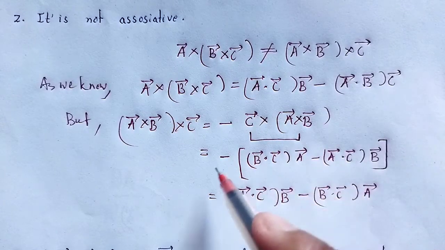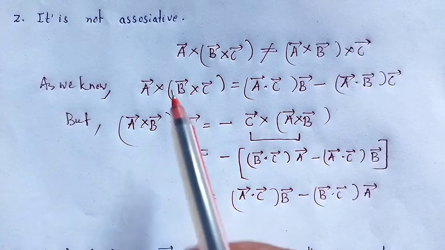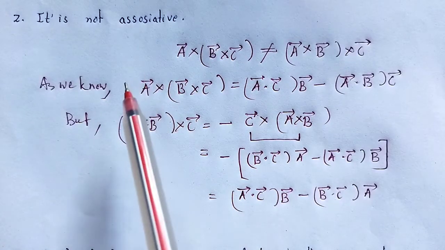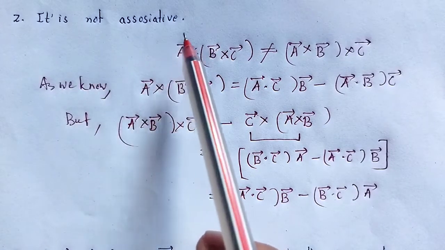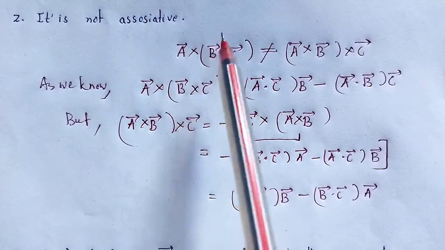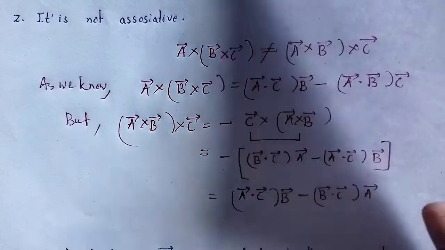So in this way we can find out it is not associative. That indicates the vector triple product is not associative.